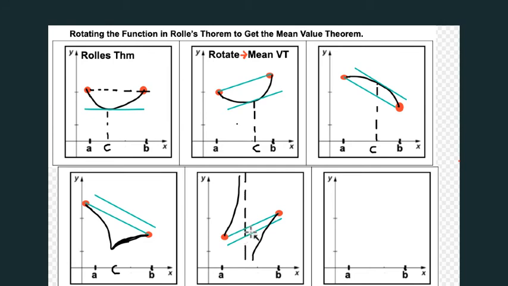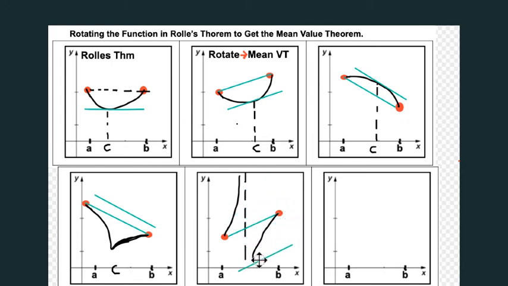Same thing here. Let's look at this one now, with a vertical asymptote. So I take an interval from a to b, and I get a secant slope. Is there anywhere on the curve where that secant slope matches a tangent? So I'm creating a bunch of tangents here, or trying to create tangents.